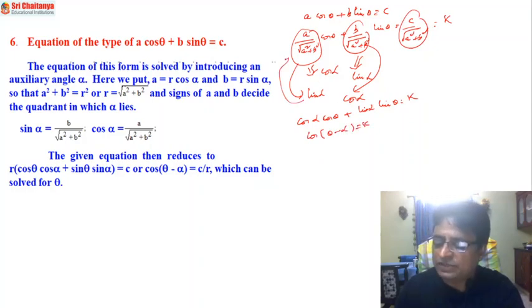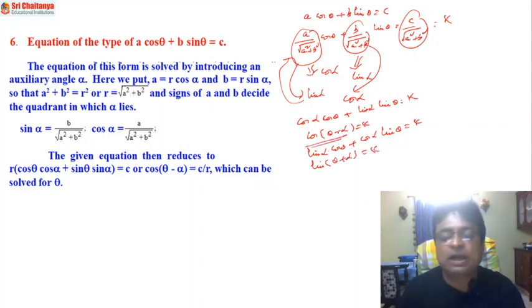Or otherwise you can write it as sin alpha cos theta plus cos alpha sin theta is equal to k. Again, this can be written as sin of theta plus alpha equal to k. So my friends, ultimately what I did is I converted the entire equation in terms of a single trigonometric function, which is either in cos or sin.